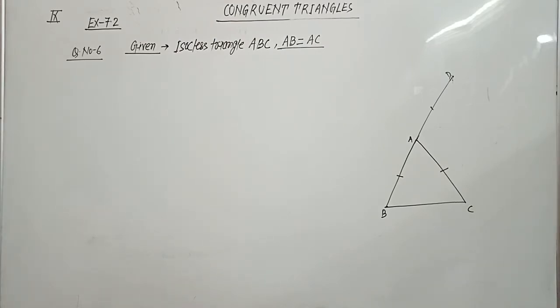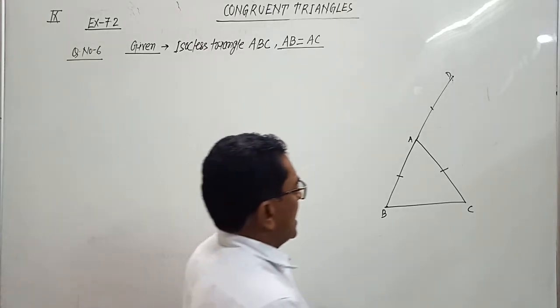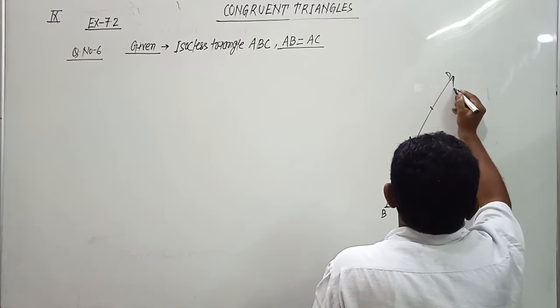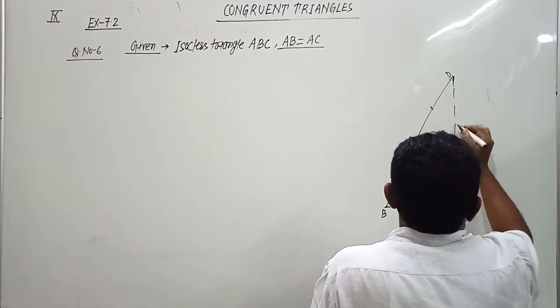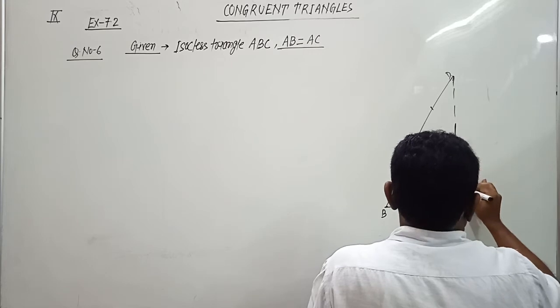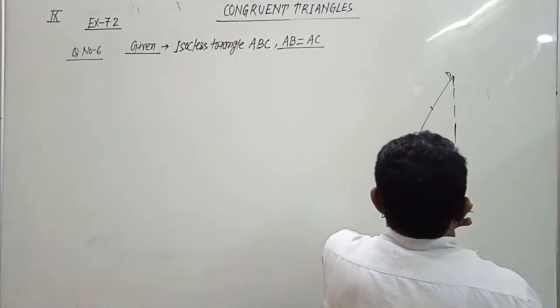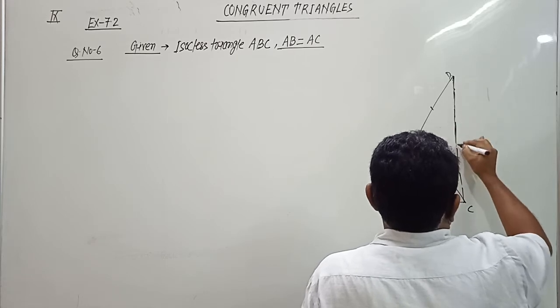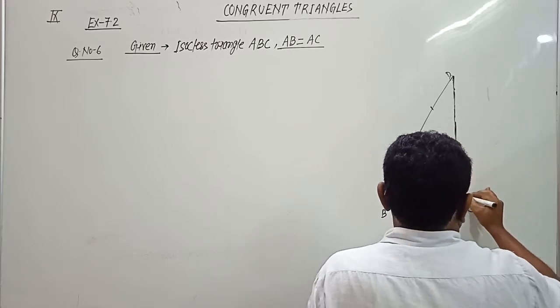Show that angle BCD is a right angle. So we join point D to C.